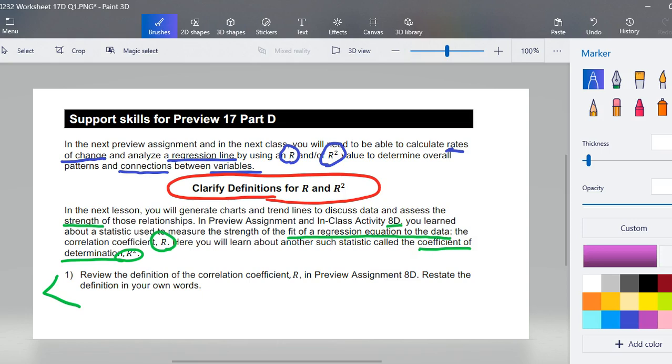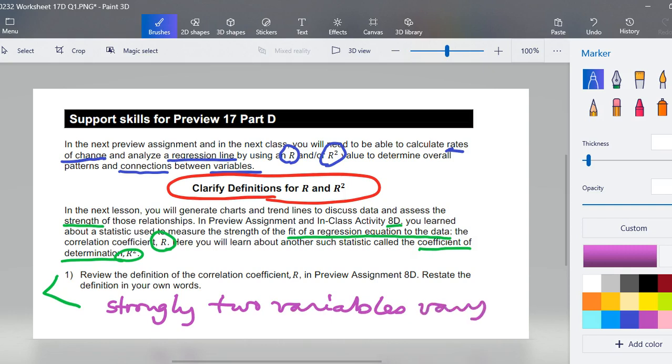So when it asks you to review the definition, you can put a whole lot of things right here, but some of the things that you could say are like the correlation coefficient tells you how strongly or how weakly the two variables vary together.